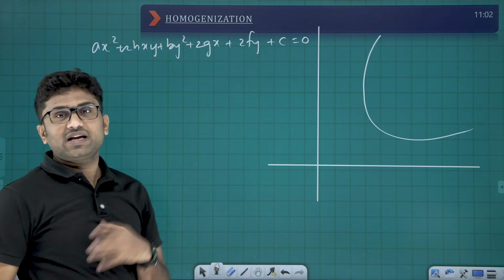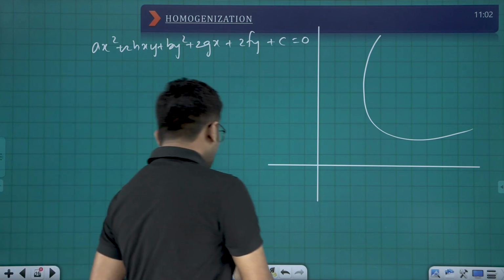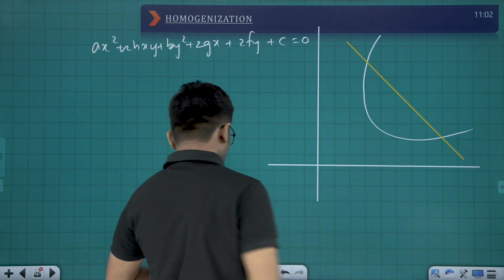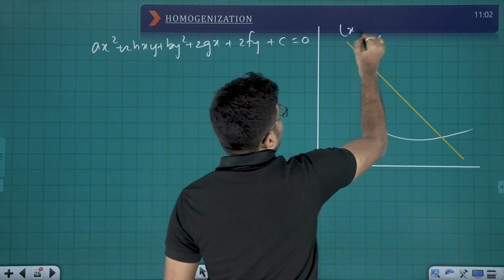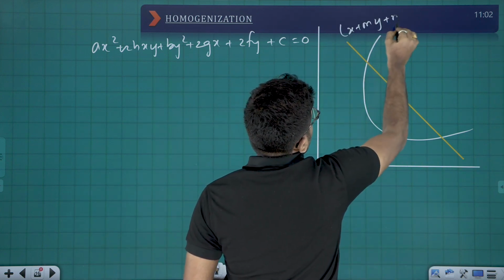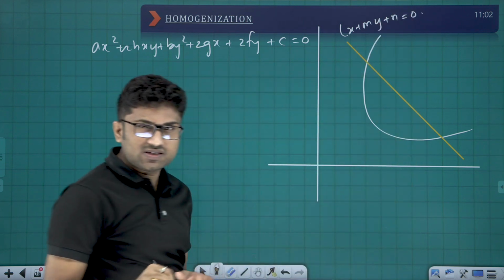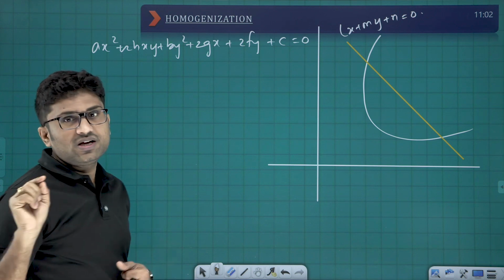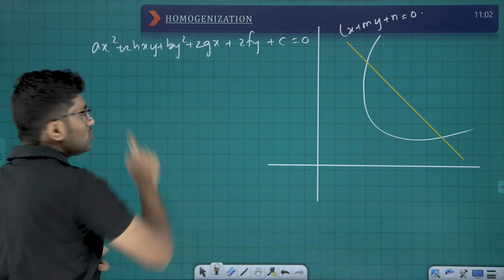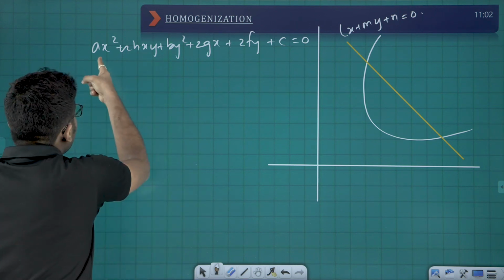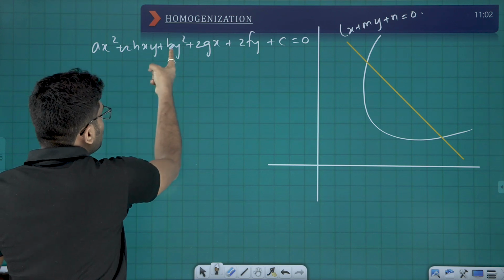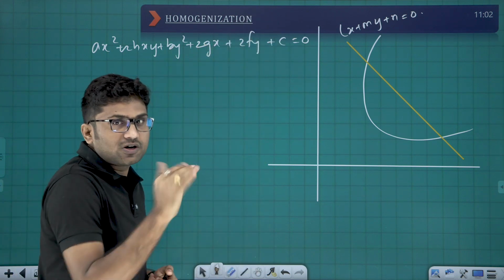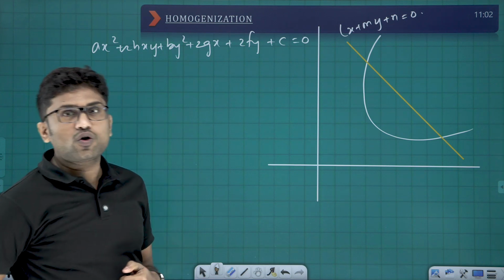Now we homogenize the given curve with respect to the line lx plus my plus n equals 0. What do we mean by homogenizing? See, this is a second degree equation in x and y. But is it homogeneous? The degree of these terms is 2, 2, 2, but these terms are 1, 1, 0. So that means this is not a homogeneous curve.